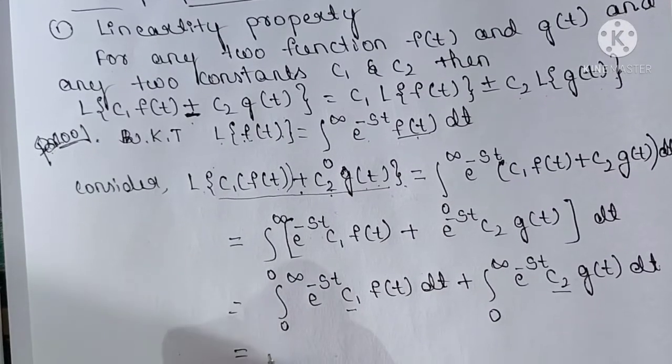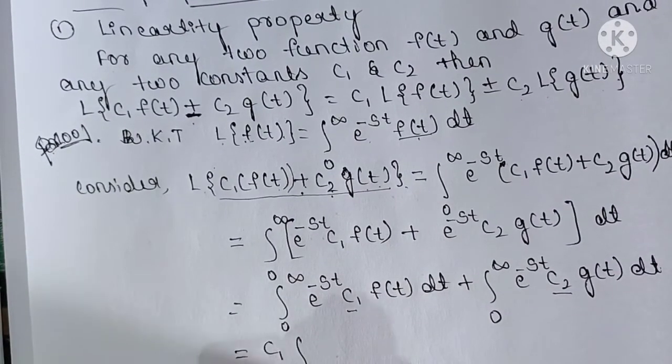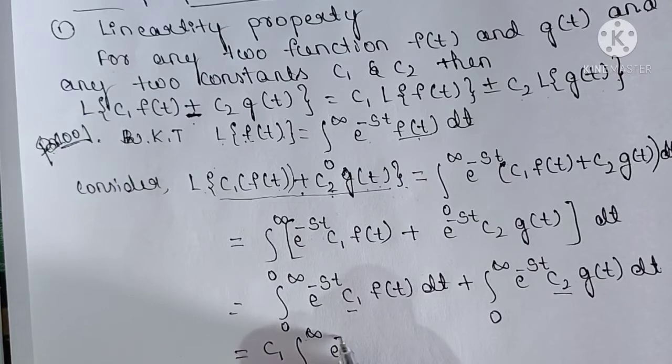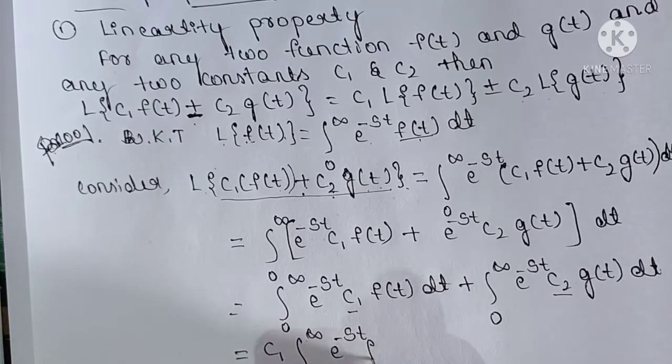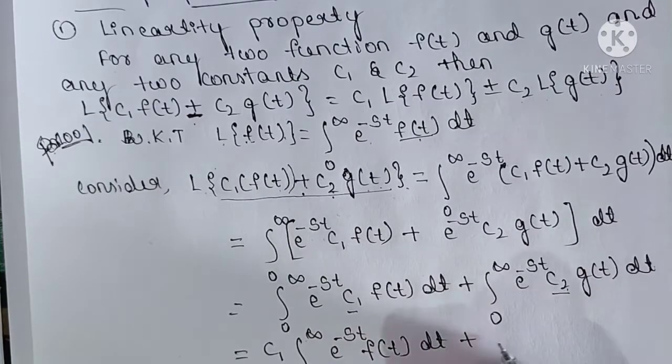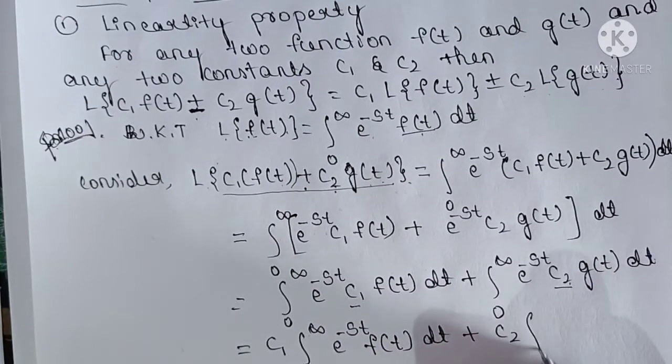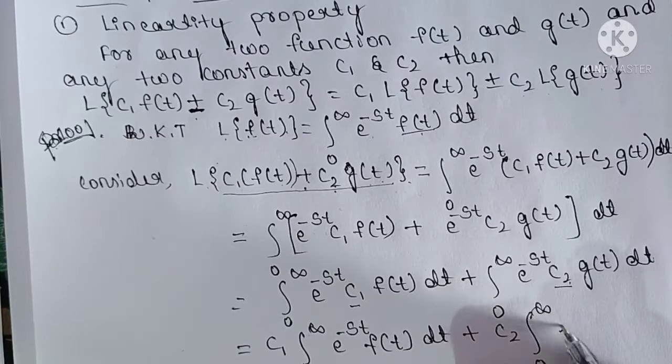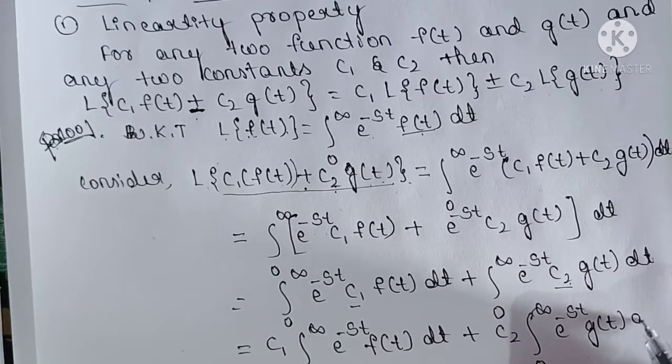This implies c1 times integral from 0 to infinity of e^(-st) f(t) dt plus, here c2 is constant, you take it out, remaining integral from 0 to infinity of e^(-st) g(t) dt.